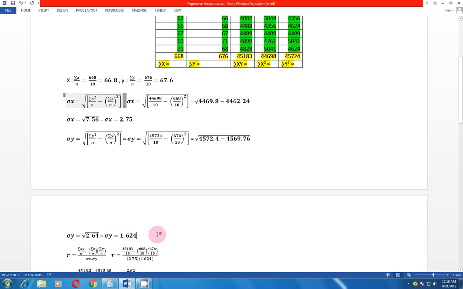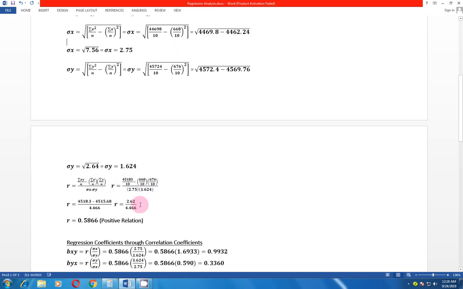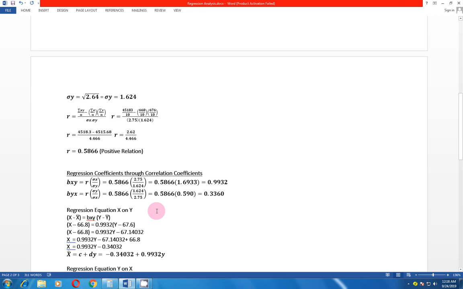If you want to see the formulas once again, here are the formulas. After putting all the values, we get the correlation coefficient equals 2.62 divided by 4.466, and finally the answer is 0.5866. So it indicates that there is a positive relationship between these two variables, but how much positive will be seen after the regression analysis.